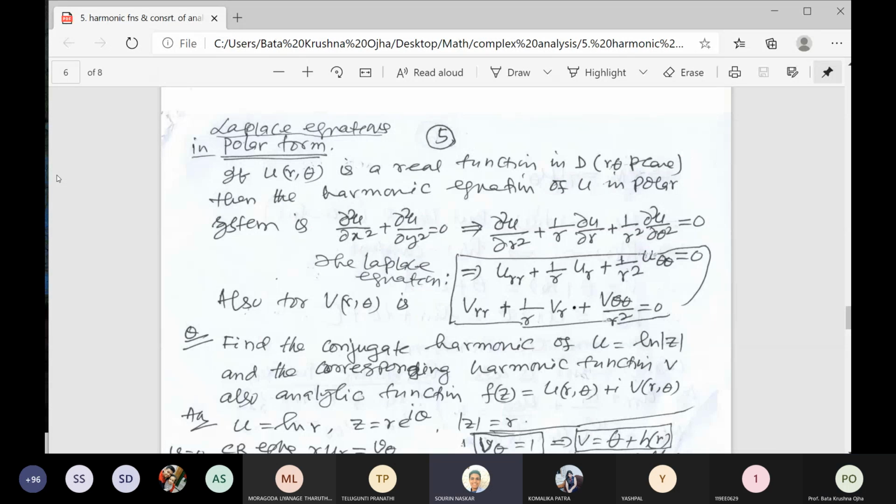I have advised Ansuman and other students: you have a WhatsApp group for mathematics. If any student has a doubt, send your doubt through the WhatsApp group. Other students can solve those questions and clear the doubt for their friend.